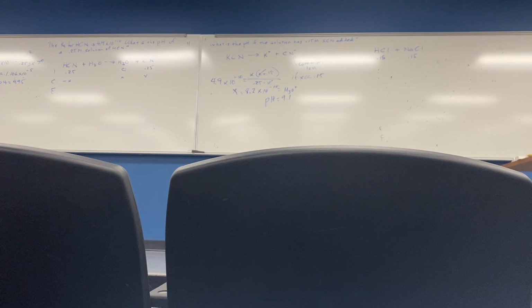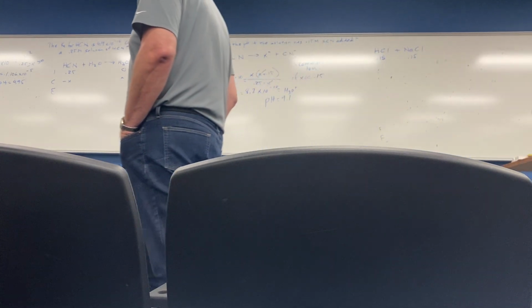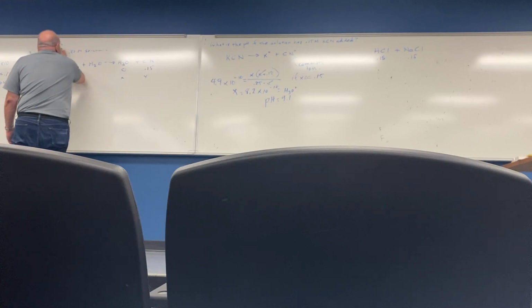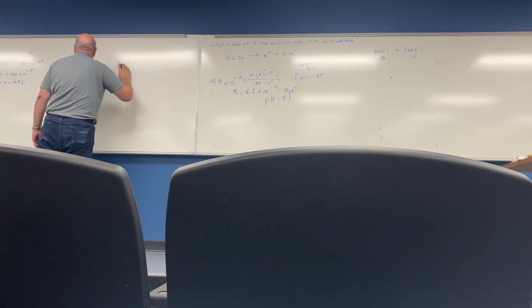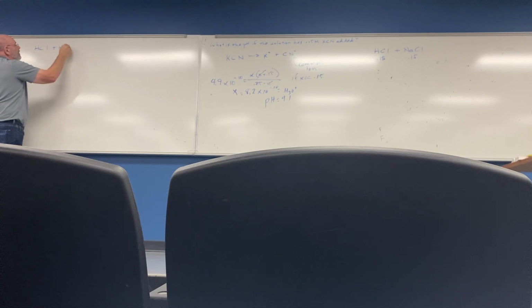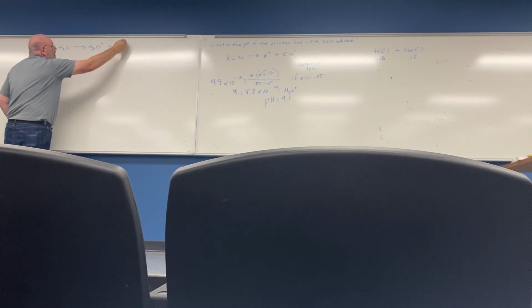I've got 0.15 molar salt, I've got 0.15 molar HCl. I mix them together. Right?